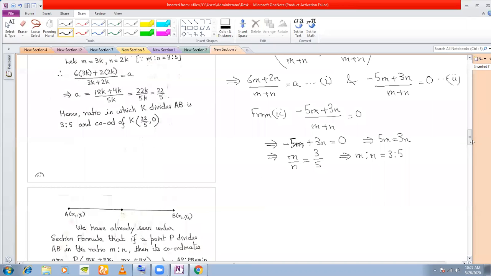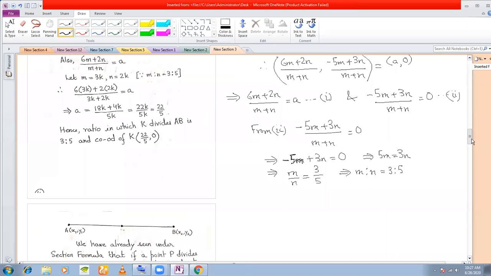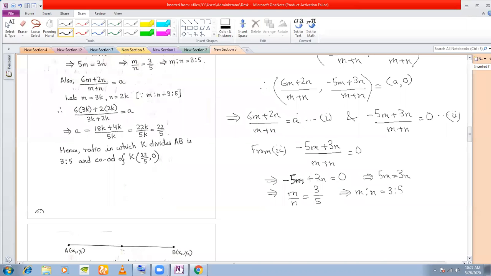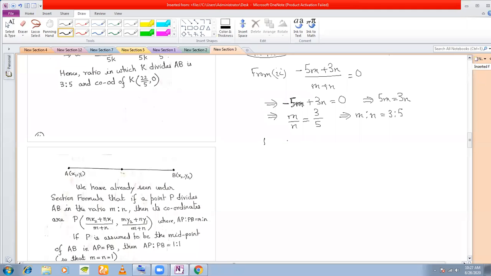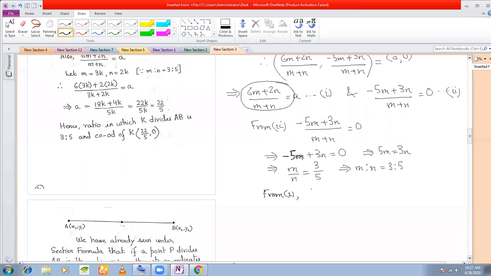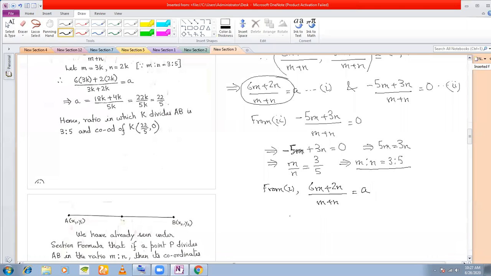Now we will proceed to find out the coordinates of K. In order to find out the coordinates of K, we'll use equation 1. So from 1, 6m plus 2n by m plus n is equal to a. Now you already know the ratio, right? m is to n is equal to 3 by 5.